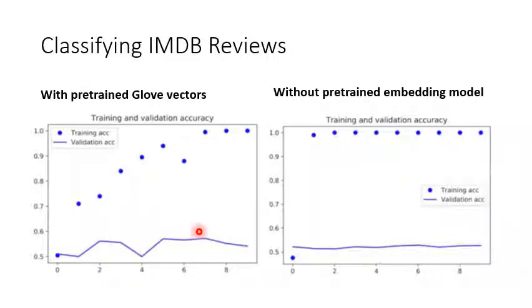But this is because this model is only for demonstration, and we cut all the reviews to 20 words. So we can expect that the accuracy is low. Without the pre-trained model, you can easily see that the model overfits. So usually we will use a pre-trained model for text data, no matter whether it's text classification or other applications.